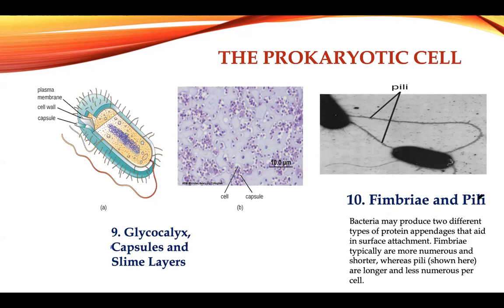Pili, there are some pili, not all, but there are a few pili called sex pili. That sex pili, they are the reproductive organ. You can see in this picture, it's almost like sexual reproduction in prokaryotes.